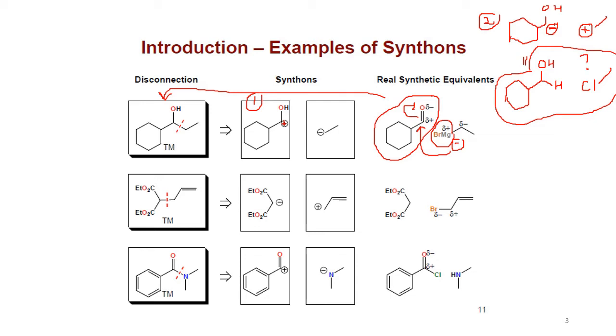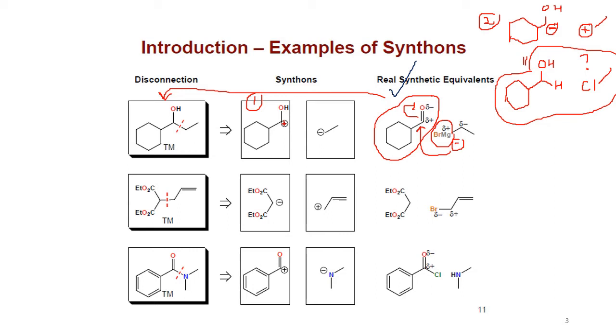If you cannot think of a suitable reaction, then if you have two sets of synthon like this, this one is the best pair because the synthetic equivalent represents the known reaction.